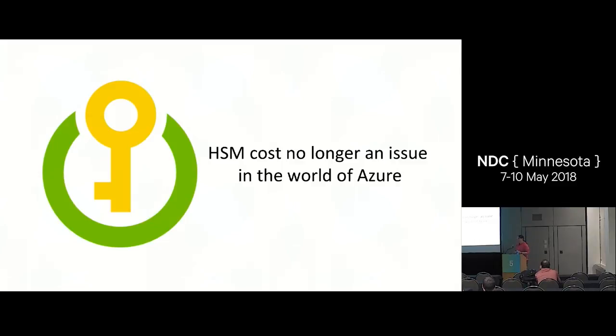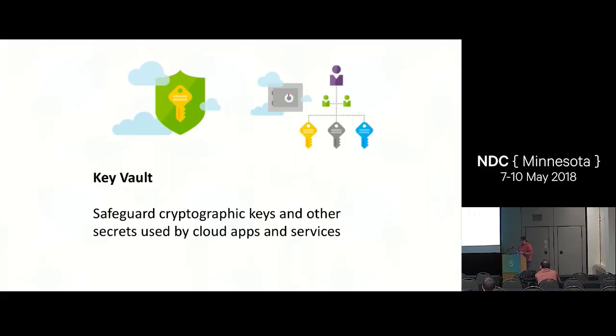This is where we have wonderful things like Azure, which allows us to do lots of great things in a cost-effective way. So they provide something called the Azure Key Vault. Azure Key Vault is a wrapper around physical hardware that's stored in their data centers, and they've made it very easy to program against.